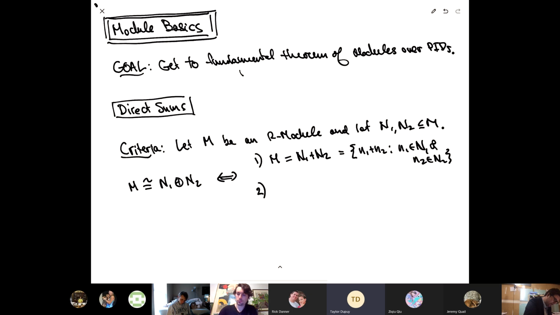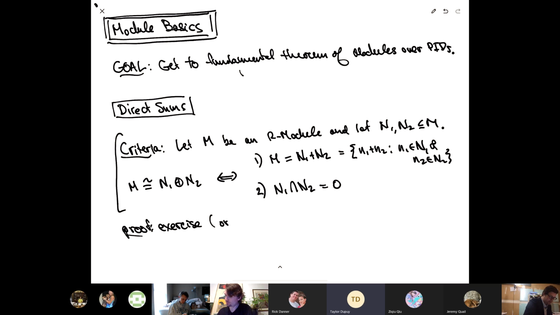And the second condition you need to check is that N1 intersect N2 is the 0 submodule. Okay, so you can either take this as a definition or check this. Let's say that the proof of this is an exercise, or take it as the definition.